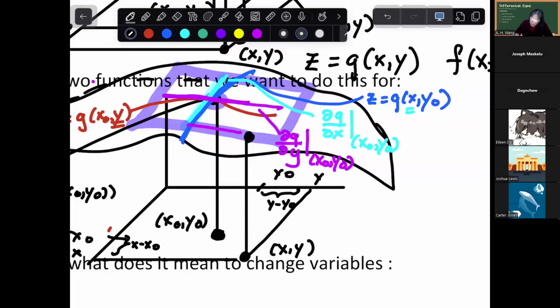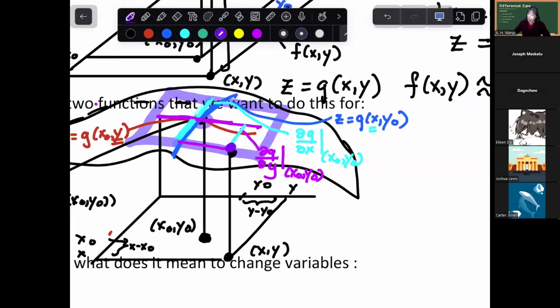Above there, you're going to slide in the blue direction, then slide in the pink direction, and you get to right above here. In fact, it's so close that it's almost just right there.